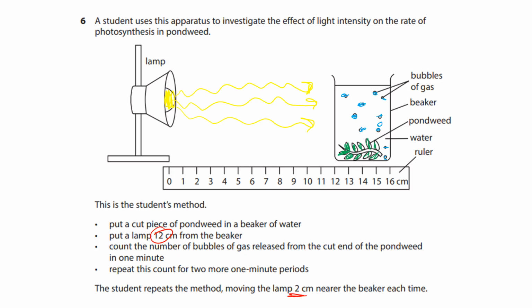Okay, so basically this question, you need to focus on the light intensity. Obviously, the closer that this moves, the higher the rate of photosynthesis because there's going to be more light. The farther away, the light intensity is going to decrease, therefore there's going to be less photosynthesis, therefore the farther away it is, technically, the fewer bubbles produced.